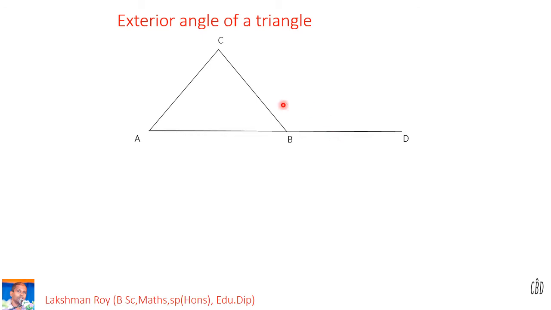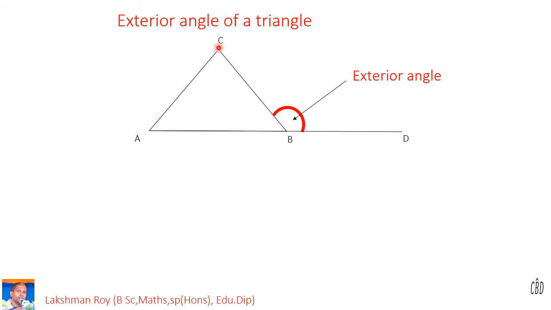So then the produced side and the non-produced side form an angle. So that angle is called an exterior angle, right?